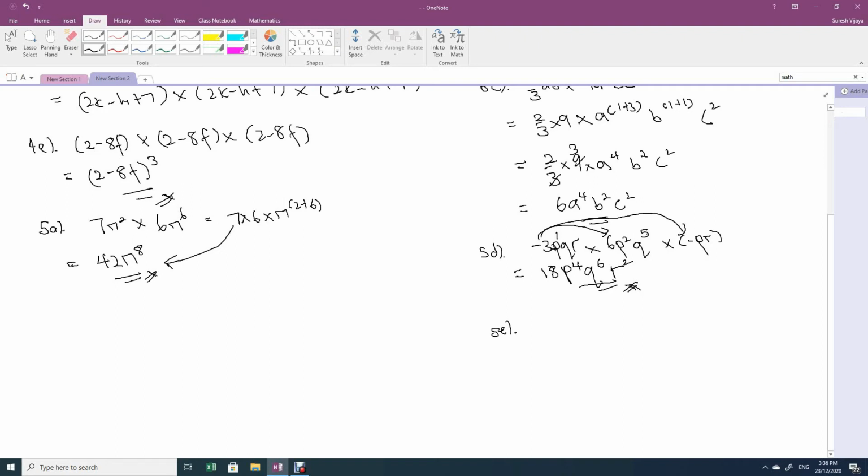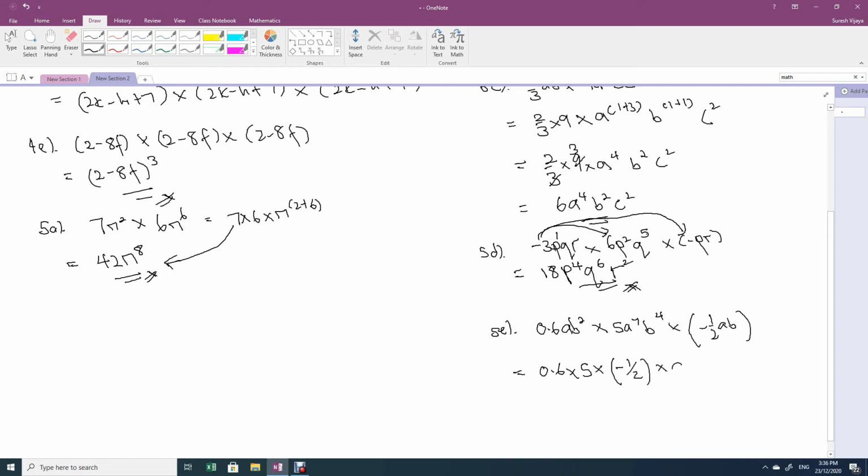So 5e will be 0.6ab squared times 5a to the power of 7 b to the power of 4 times negative 1 over 2 ab. So what do we have? Times the numbers first: 0.6 times 5 times negative 1 over 2.